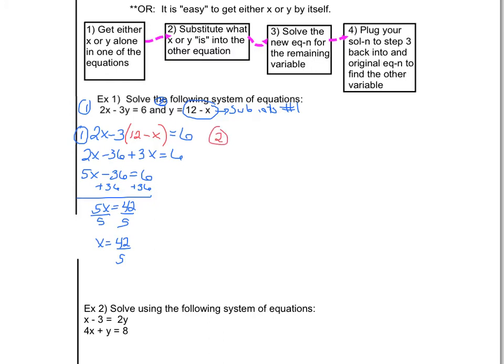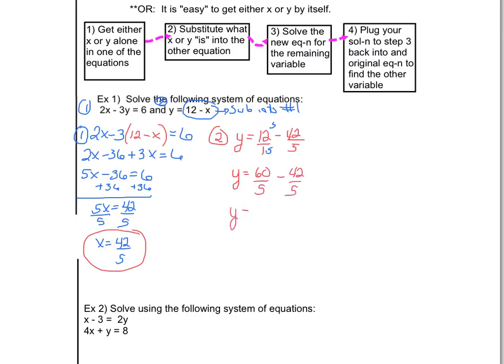And I'm going to put this into it. And I'm going to have y equals 12 minus 42 fifths. Well, I know 12 is the same thing as 12 over 1, and that in order to combine those, I'm going to need a common denominator, so I'm going to multiply top and bottom here by 5, giving me y equals 60 over 5 minus 42 over 5.